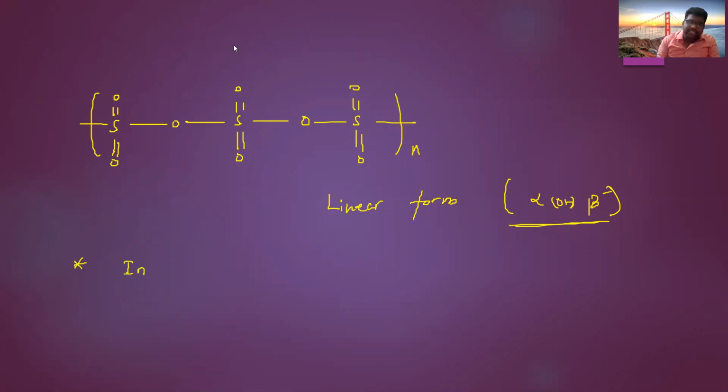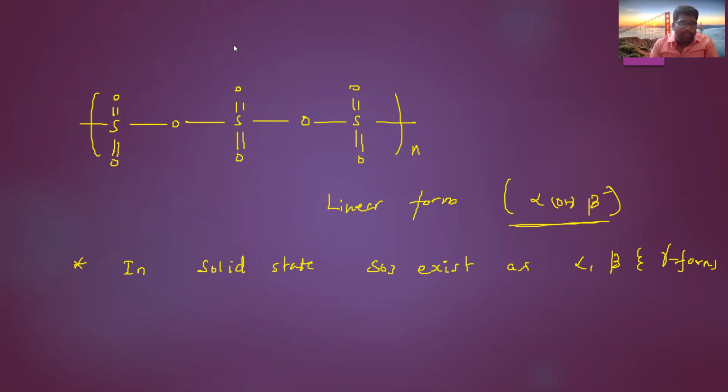In solid state, sulfur trioxide exists as alpha, beta, and gamma forms. So tell me the answer. How many pi bonds? 1, 2, 3, 4, 5, 6. 6 pi bonds. How many sigma bonds?